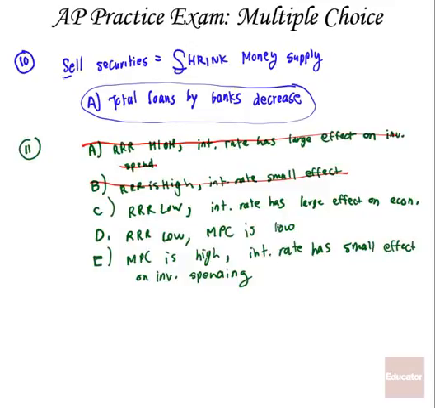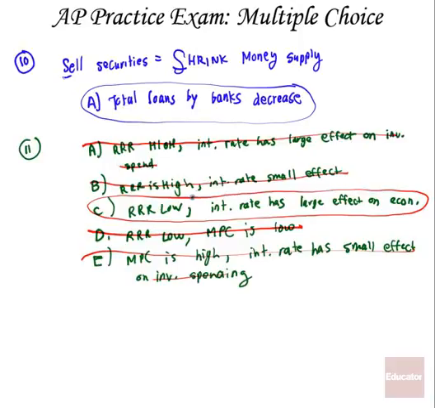So part D, required reserve ratio is low, but if the MPC is low, then we don't want that. We want the MPC to be high. So part E, MPC is high, but the interest rate has small effect, so that's incorrect. So by default, the answer is going to be C, where the required reserve ratio is low, but there's a large effect on the economy. So the answer is C right there. Okay, number 12.